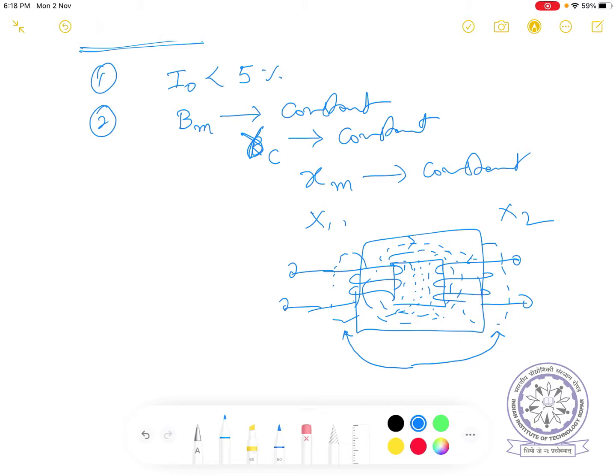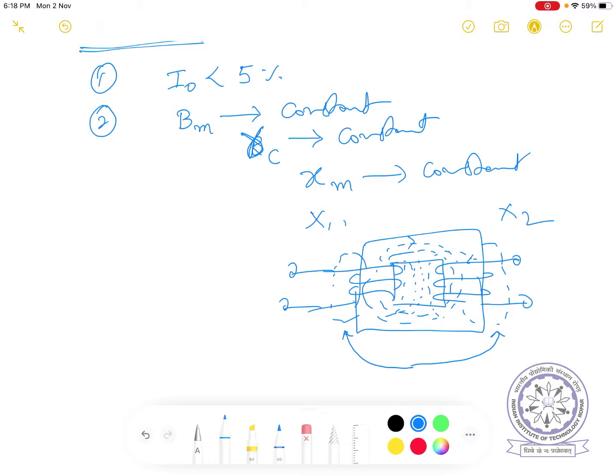Will they change with voltage magnitude? Will the leakage reactance value change with voltage magnitude?